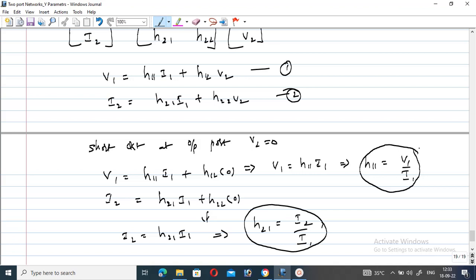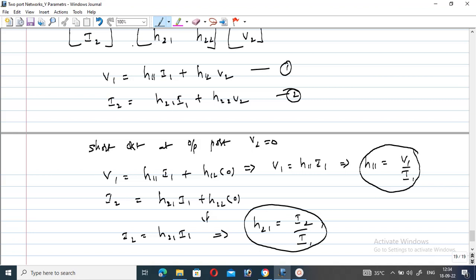I2 by I1 means the output side, so it is a gain, a current gain. Therefore, it is also called forward current gain and input impedance.